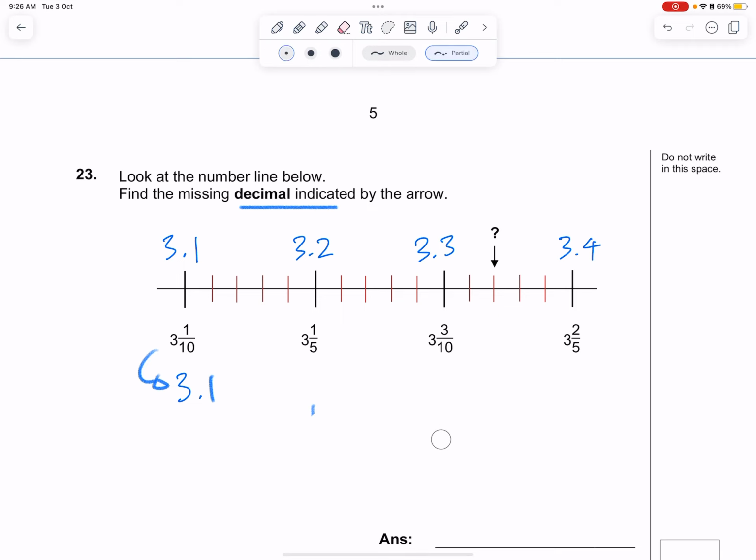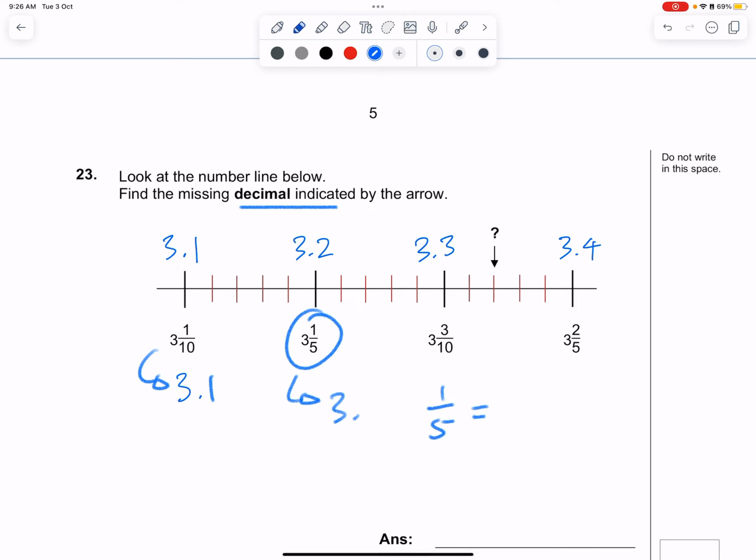Okay? Similarly for over here. Let's take this as an opportunity to revise. So 3 point what? I'm only interested in the 1 over 5. I want to make it a decimal. So times 2, times 2, it becomes 2 over 10.